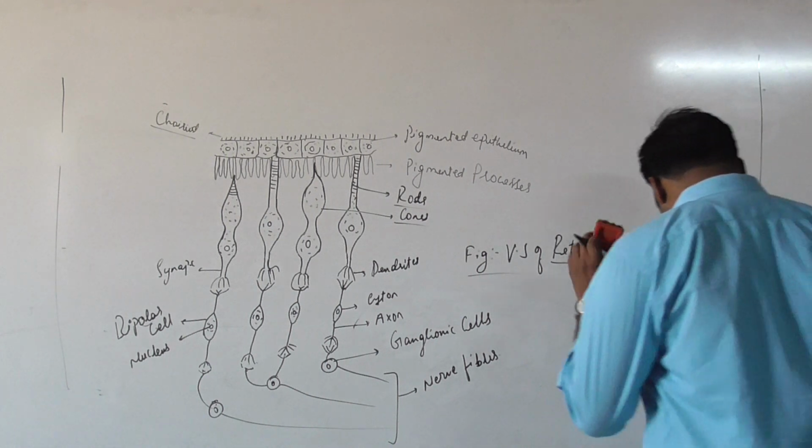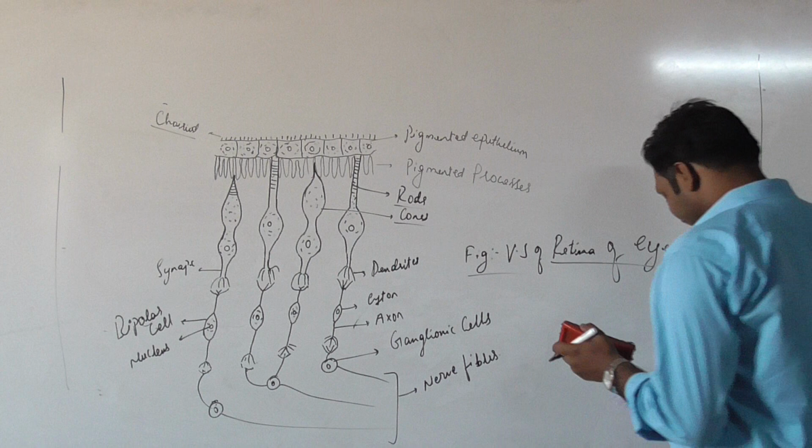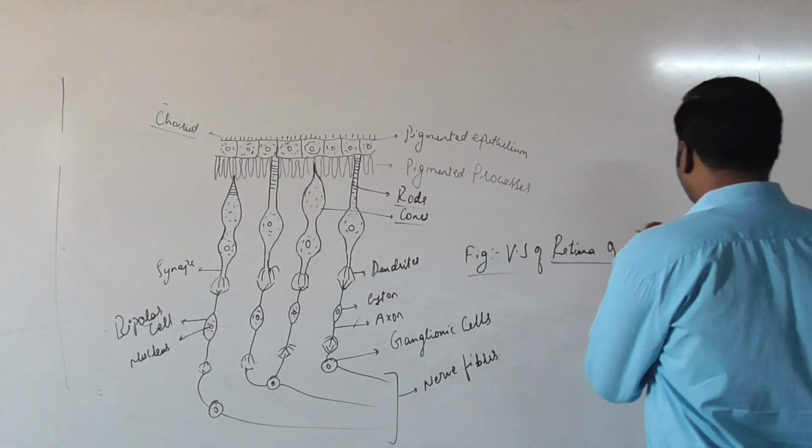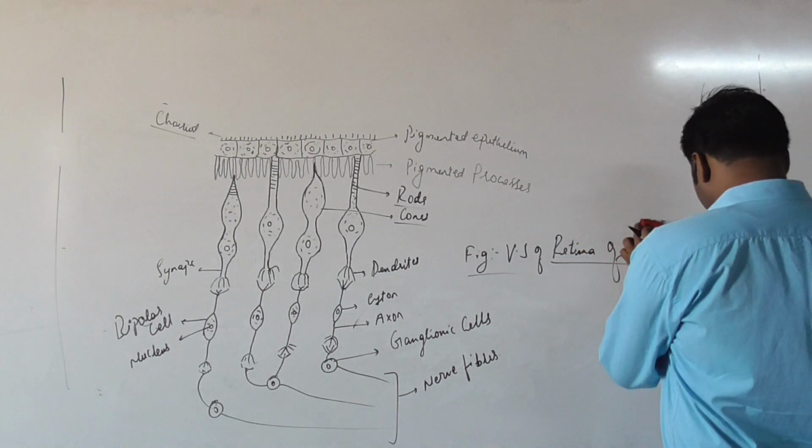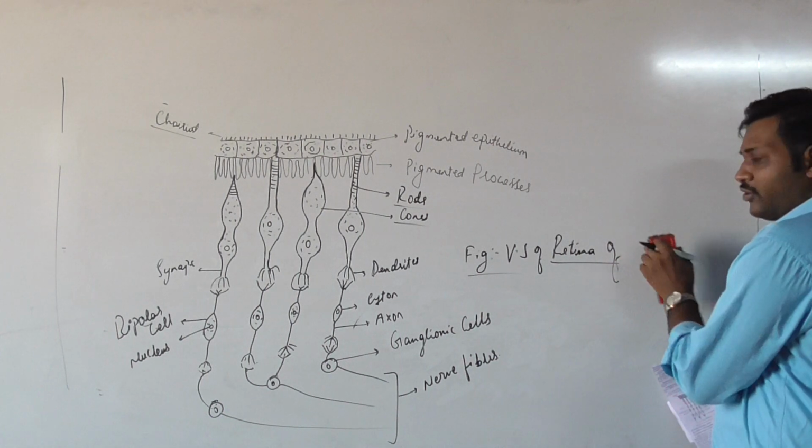Now let's move towards the second part in the retina, that is the ciliary part. You can pause the video and draw the diagram.